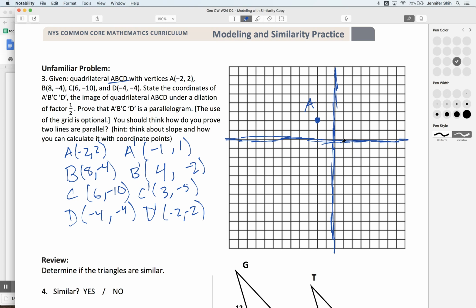Here's A, then 8, -4, then B, 6, 10, then C, and then D is -4.